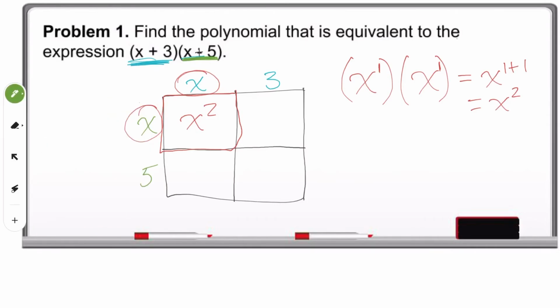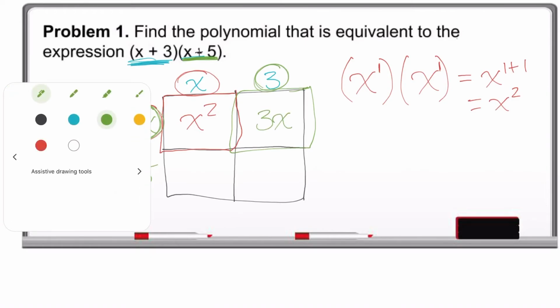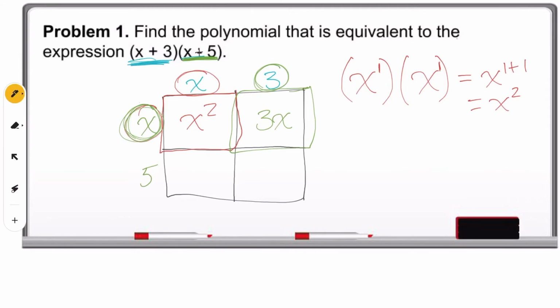Now we're still on the top row. I want to fill in this top right box. I do that by multiplying the 3 and this x together because they are both outside of the box. 3 times x gives you 3x. Now onto this bottom left box. We're in the bottom row now.